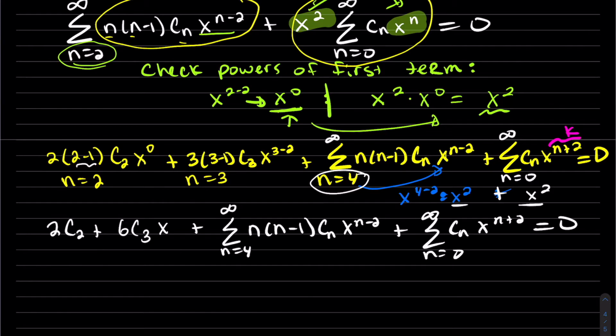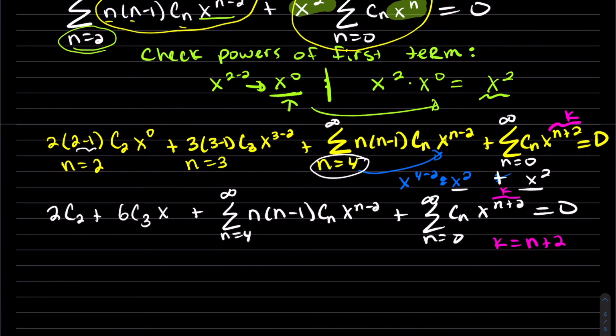So my substitution is k equals n plus 2. I like to write both equations, rearranged so that I don't make a mistake when I'm plugging in, because we need both equations. So if k equals n plus 2, I subtract 2, n equals k minus 2. I'm going to use that for this summation.